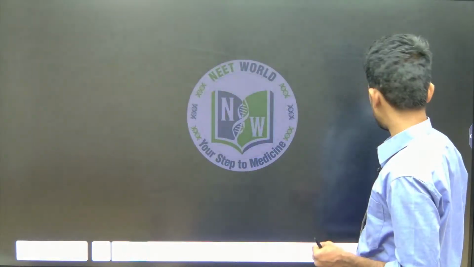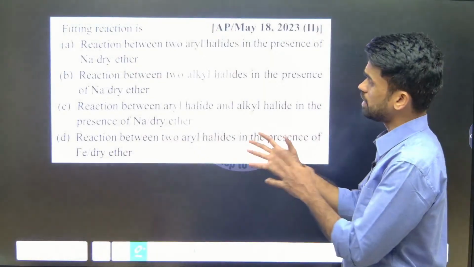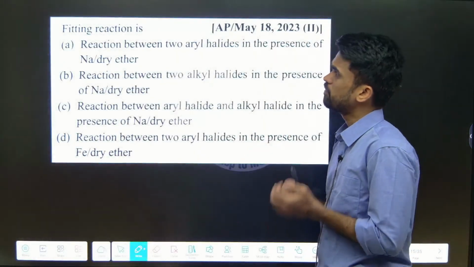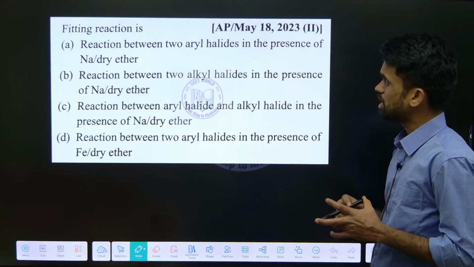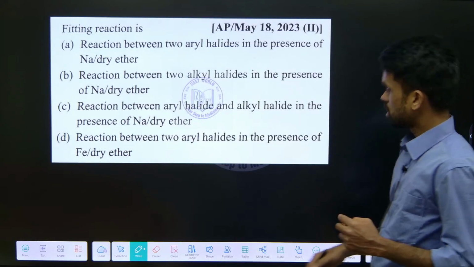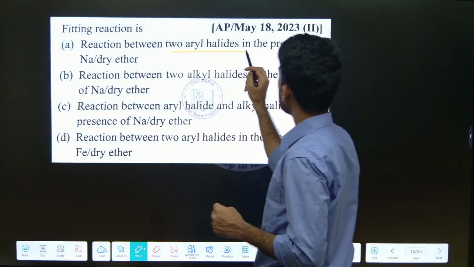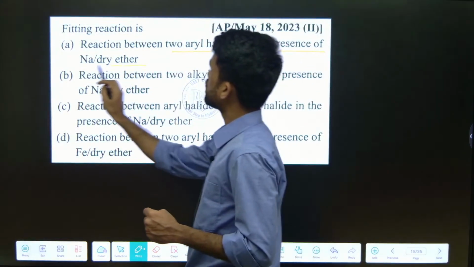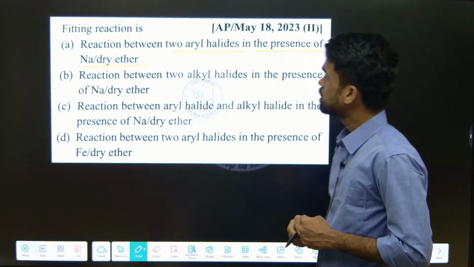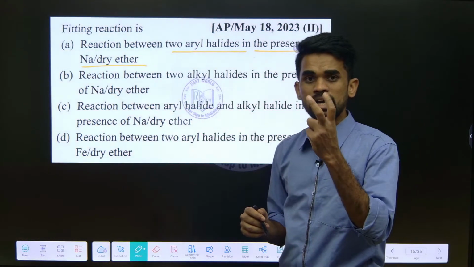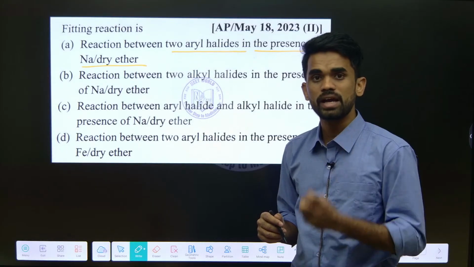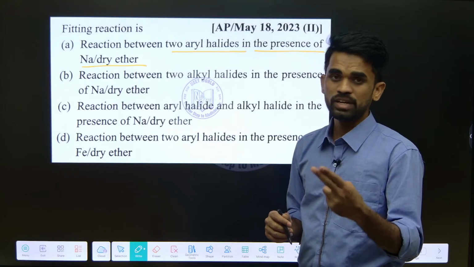The next one here: tell me what the answer is for this. What do we mean by Fittig reaction? It's a reaction between two aryl halides in the presence of sodium and dry ether. If only two aryl halides are involved in the coupling, you should call it the Fittig reaction.